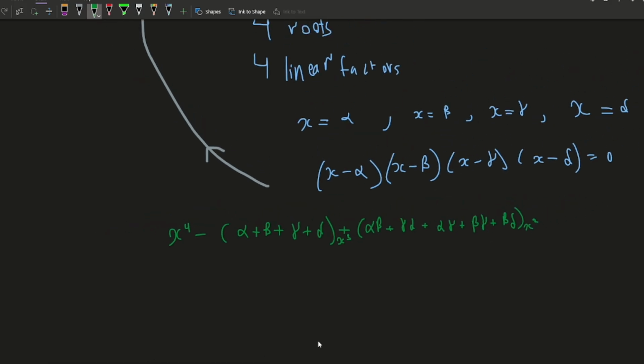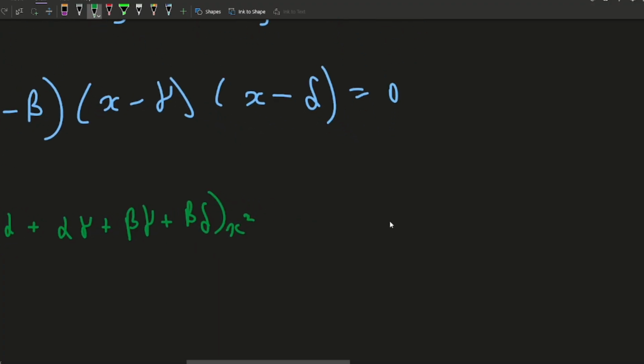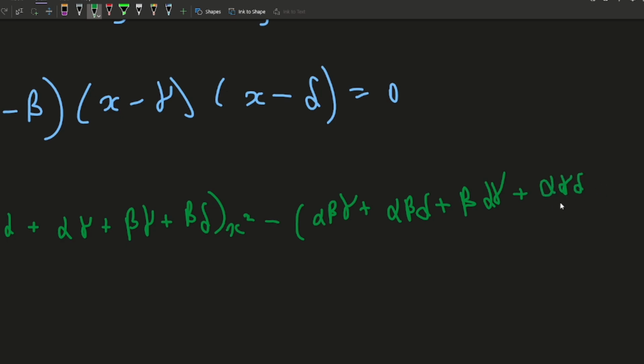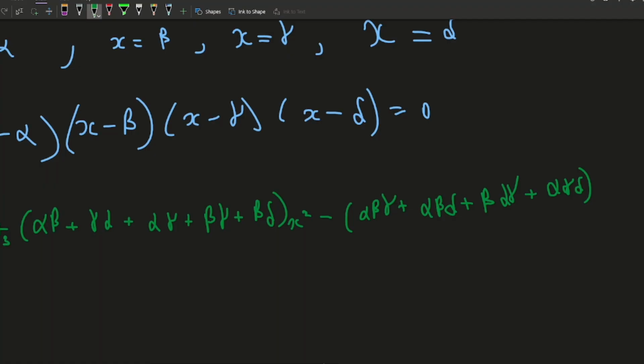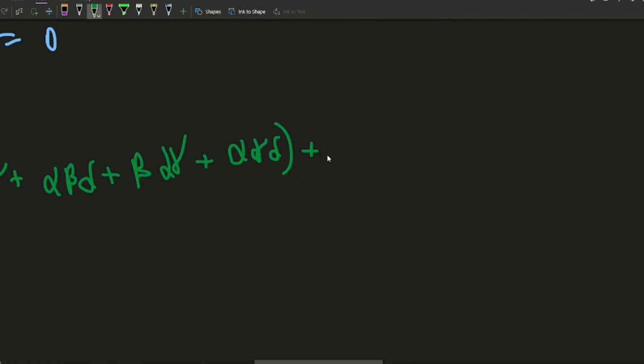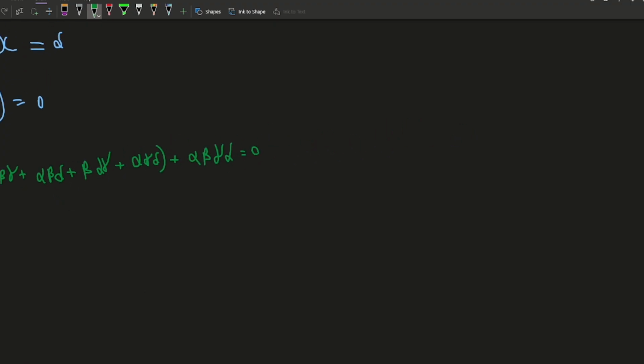There is more, so x squared, so minus alpha beta gamma plus alpha beta delta plus beta delta gamma plus alpha gamma delta. And the last one, plus alpha beta gamma delta equals 0.